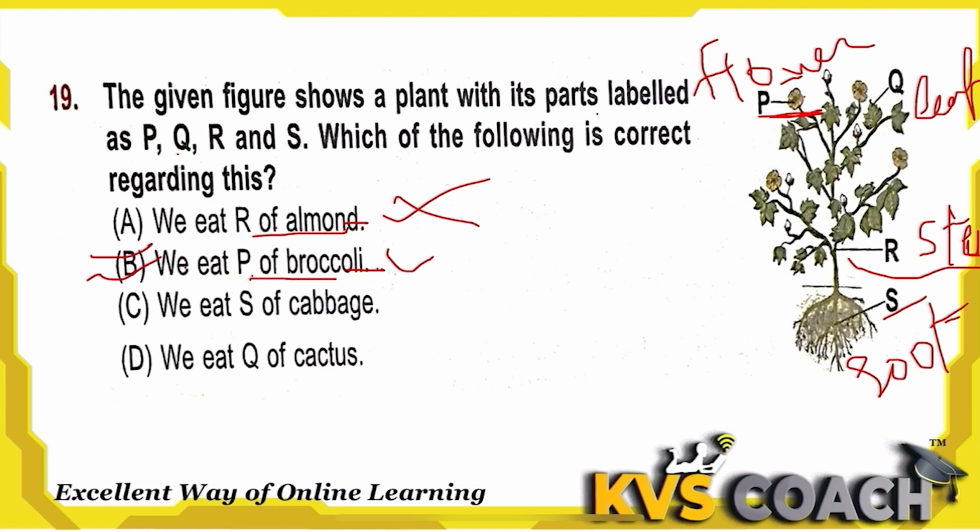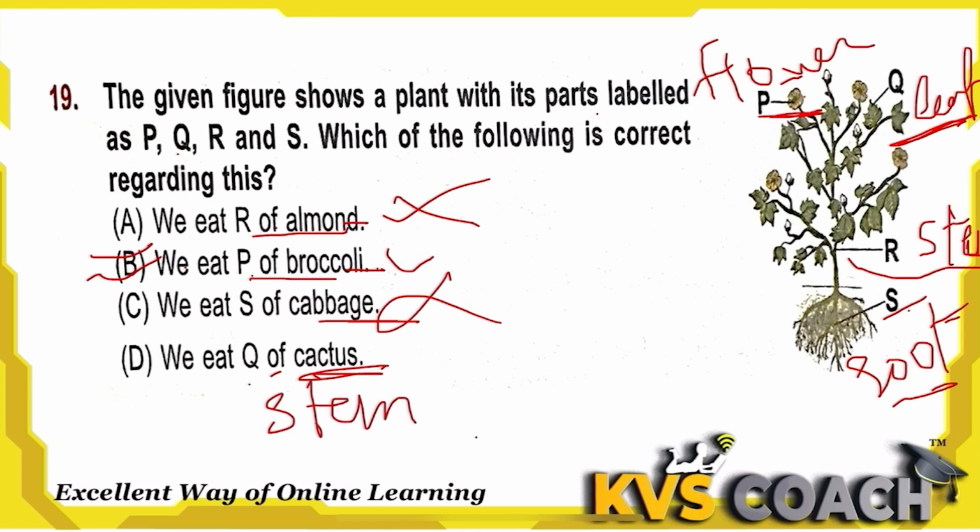Option C, we eat S of cabbage. S is a root and cabbage is a leaf plant. So this is also wrong. Cabbage is not a root. Option D, we eat Q of cactus. Q is a leaf, and we eat Q of cactus. No, in cactus the green part, that is called stem, that is not leaf.